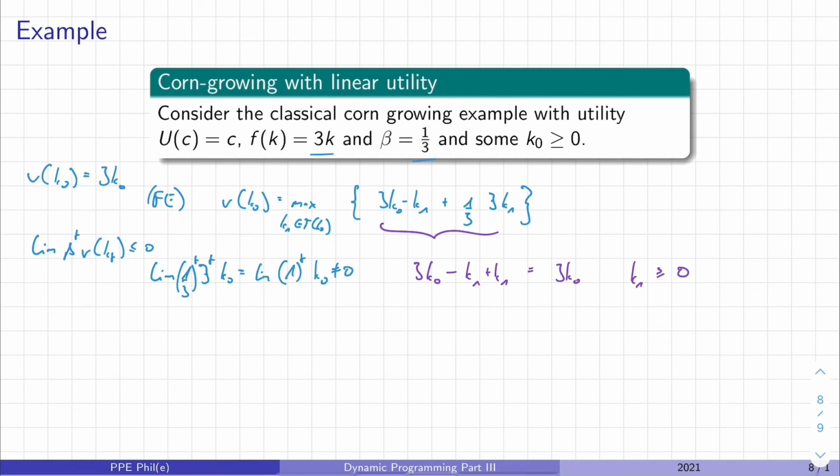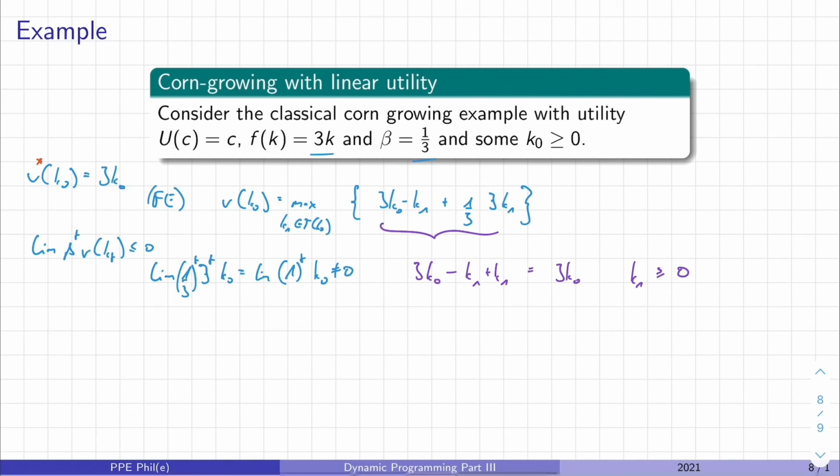But of course it doesn't hold because we are basically as patient or impatient as our production. But looking at this problem, we do actually know that this is the true value function. This is the maximum value we can achieve. But what's our optimal policy here?